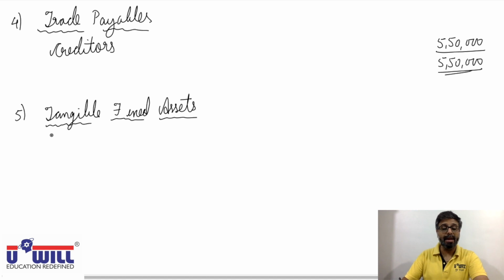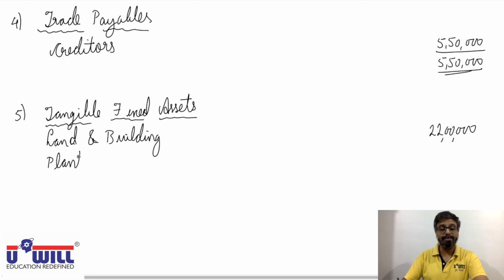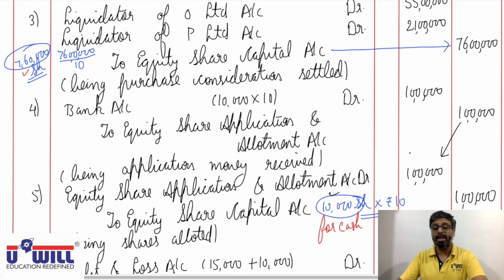Write down land and building 22 lakhs. Plant and machinery 29 lakhs.